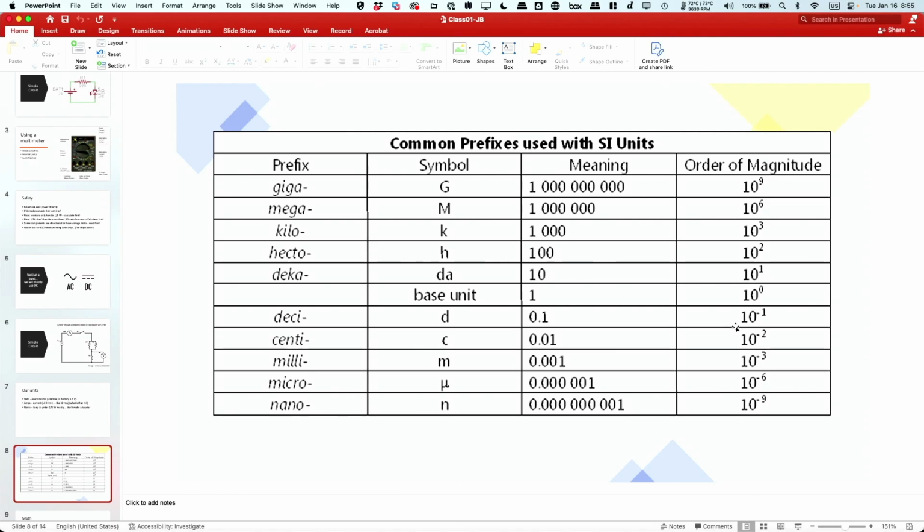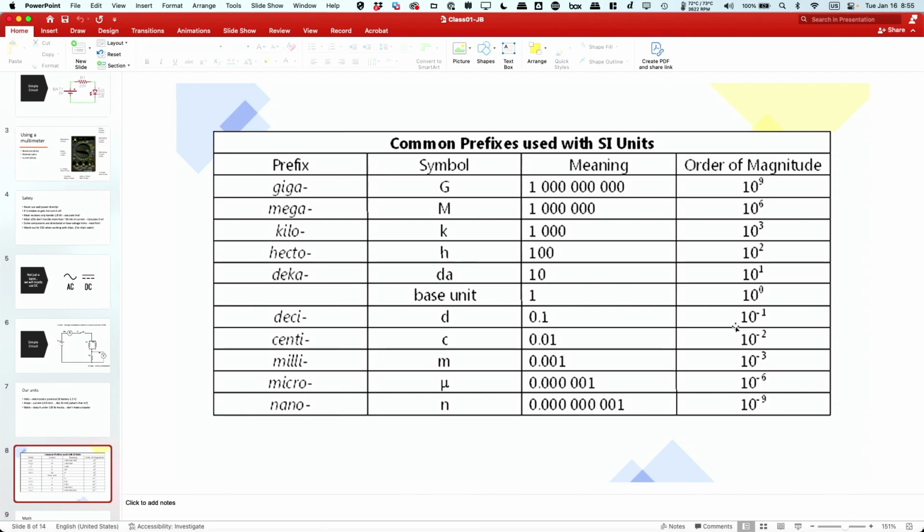In general, 10 to the 3 multiples, like kilo, mega, giga, tera, are the ones most commonly used. The 2s and stuff, as Professor McKinney said, are the rare ones.